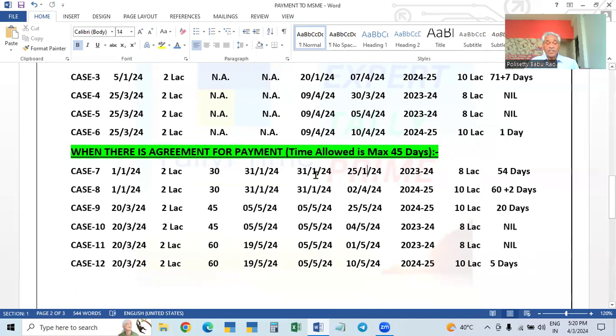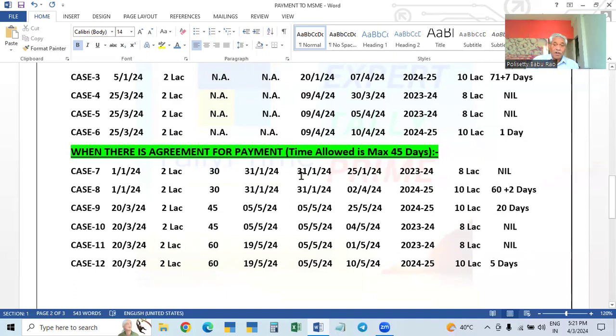So 31st January is the due date, and it is paid on 25th January.